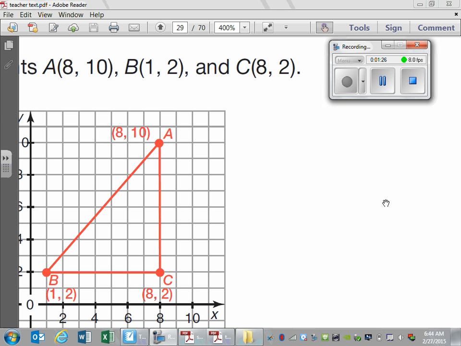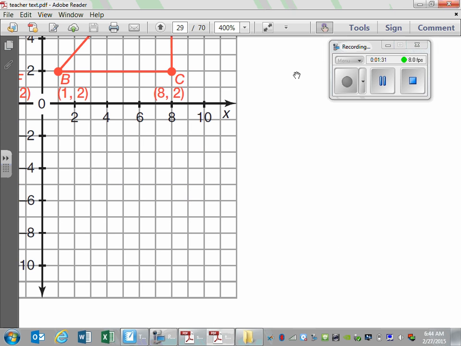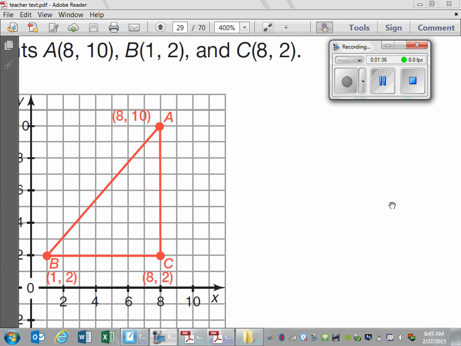All right, so as you can see, you created a right triangle. And then in A, you should describe triangle ABC as a right triangle. Question B says use the grid to measure lengths BC and CA.